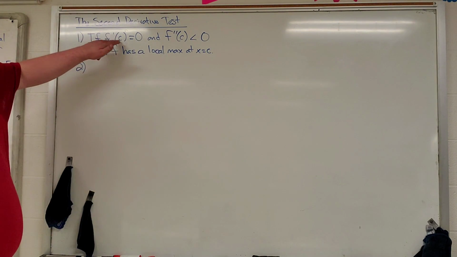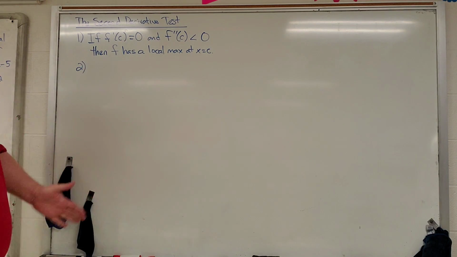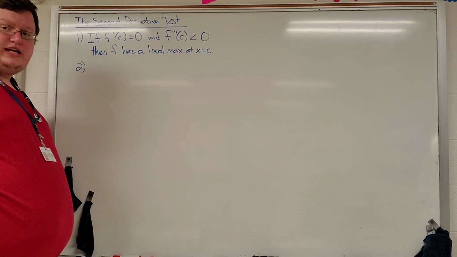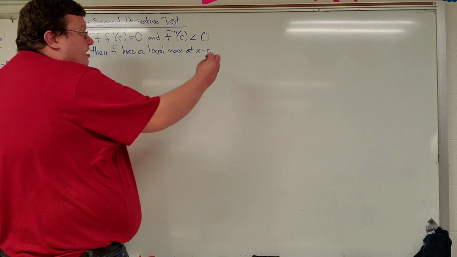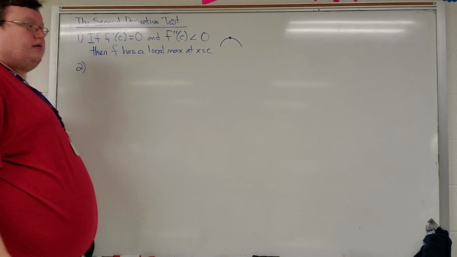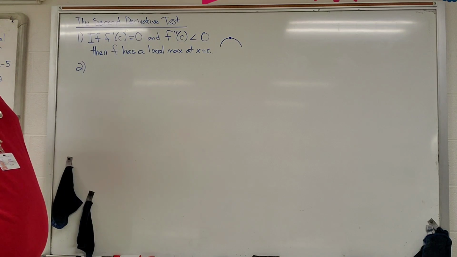So if the first derivative is equal to 0, that means the point's critical. But the second derivative is less than 0, that means it's concave down. If it's concave down, that's going to be a maximum point, in other words.